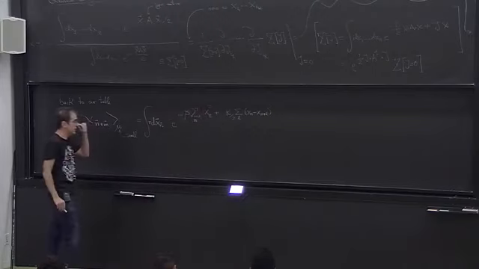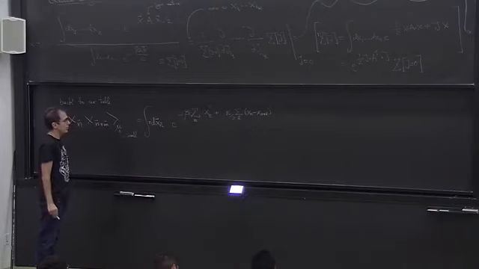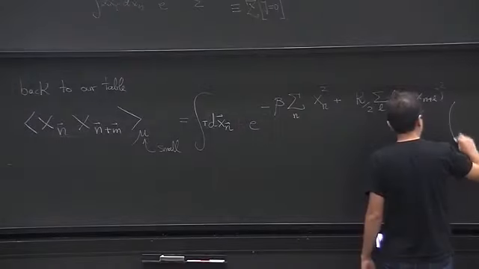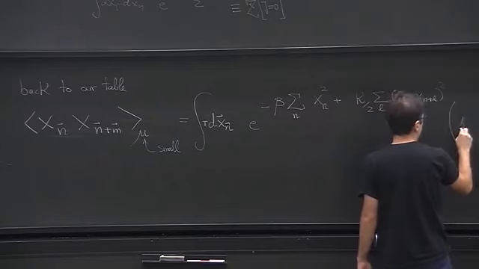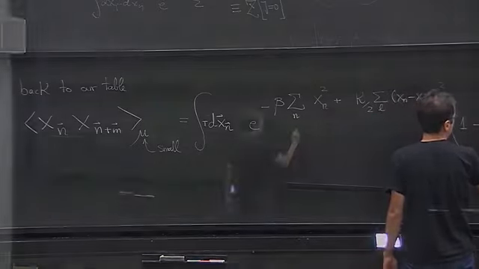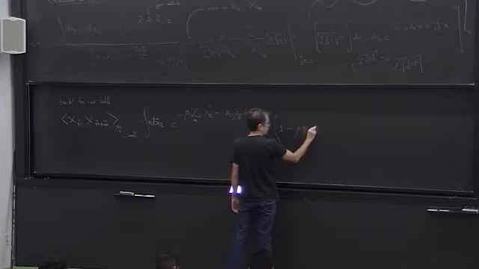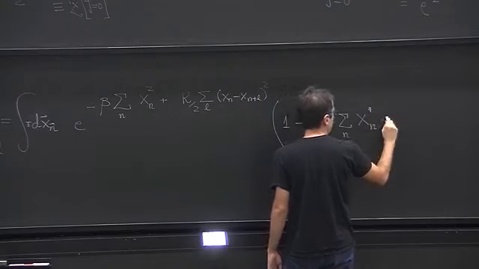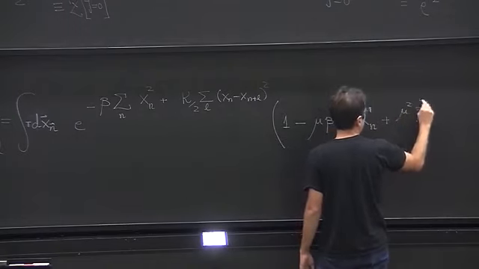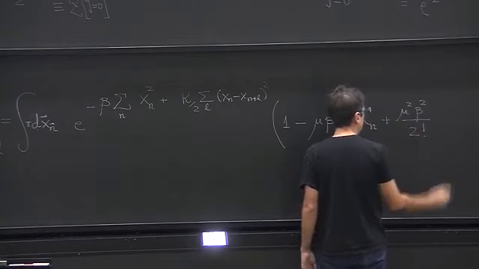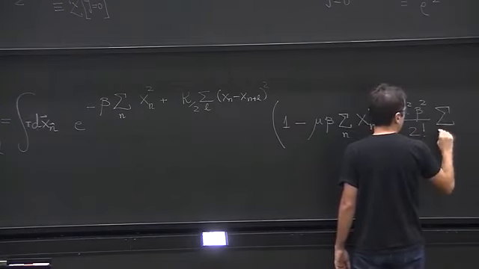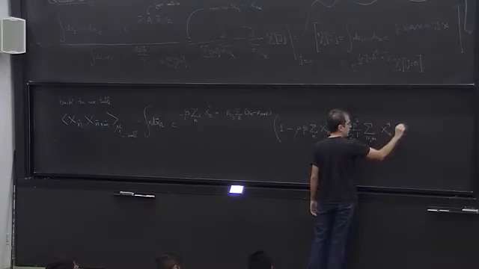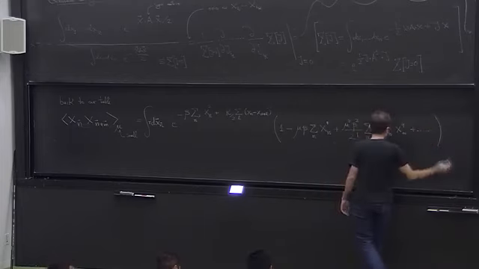So this was the Gaussian integration part. And then we would have the mu in the exponent that I bring down, and I say that this is 1 minus mu beta sum over n of x_n to the 4 plus mu squared beta squared over 2 factorial sum over n and m of x_n to the 4 x_m to the 4 plus dot dot dot.